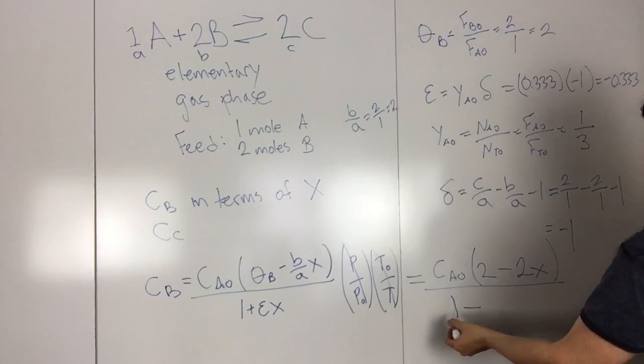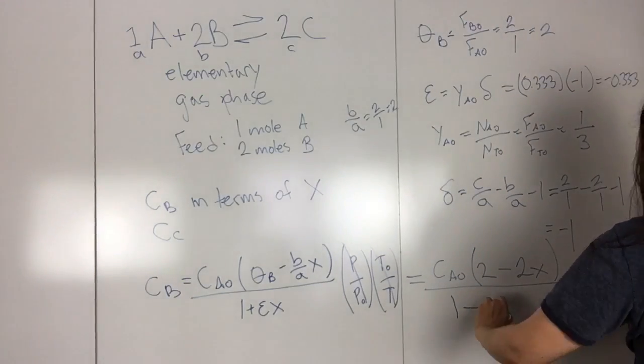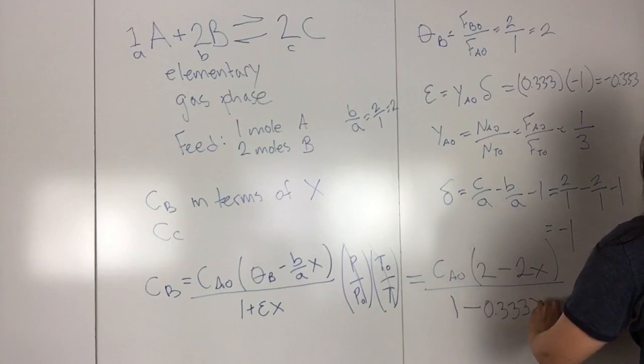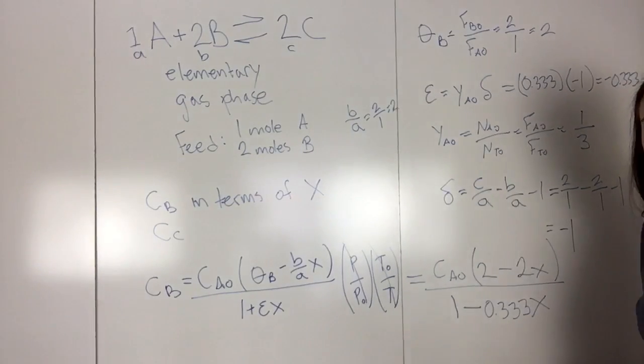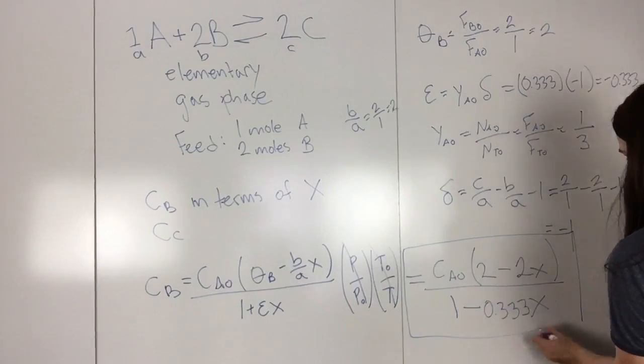So then we have 1, and this was plus, so now it's 1 minus 0.333x. So this would be CB.